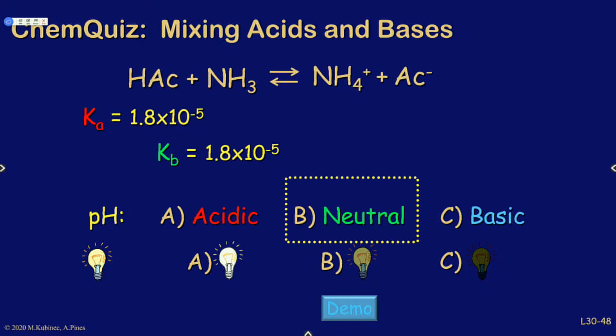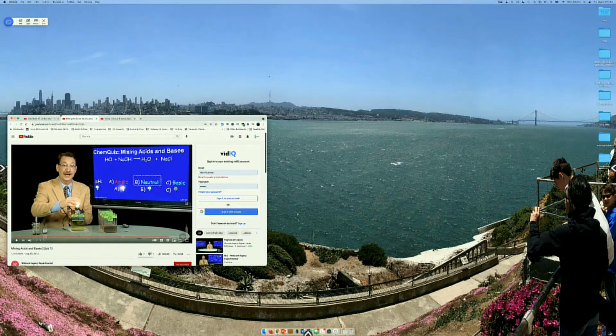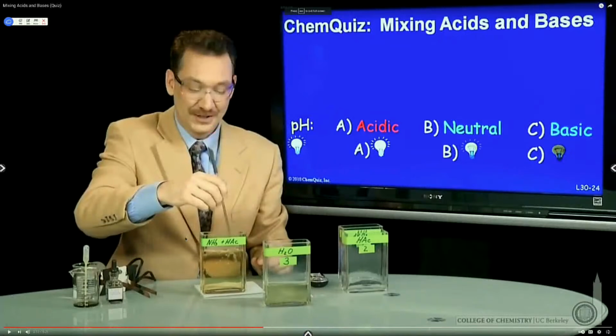The question is, what about the light? So let's look at the experiment for the light. Okay, it looks like I've mixed them together, NH3 plus HAC minus, and we can see that it's a neutral solution.